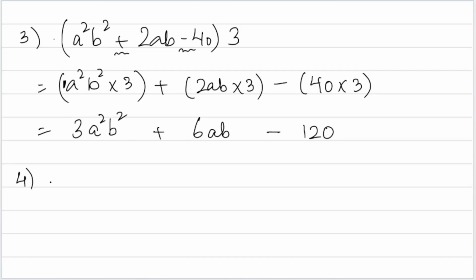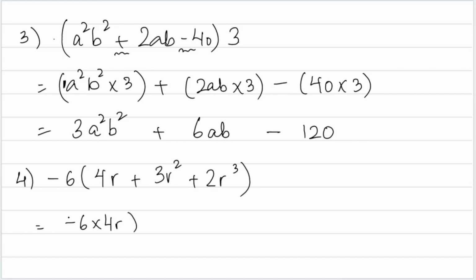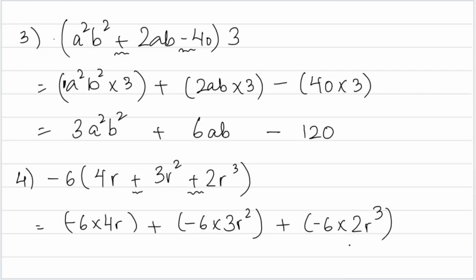Let's take one more. So minus 6, and in the bracket I have 4r plus 3r square plus 2r cube. So the same concept, minus 6 will be multiplied with 4r, plus minus 6 will be multiplied by 3r square, again plus minus 6 will be multiplied by 2r cube.